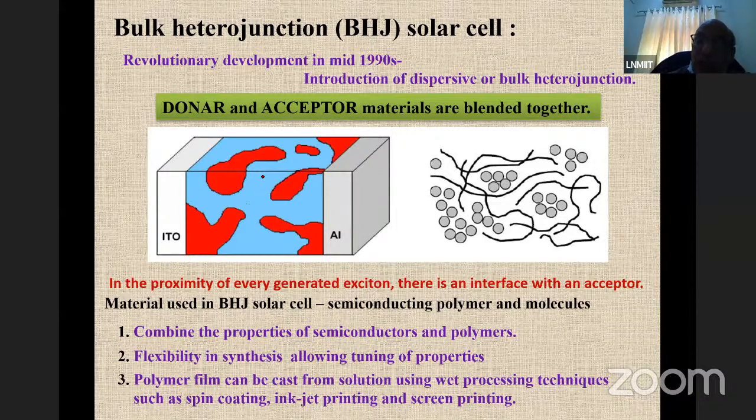So wherever the light is incident, excitons are generated, they will find a nearby donor-acceptor interface and dissociate into free charge carriers. Or you can say the interfacial area has been increased in the bulk heterojunction concept. After that, people started to work on bulk heterojunction solar cells.